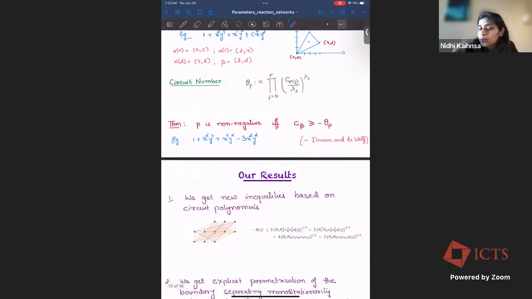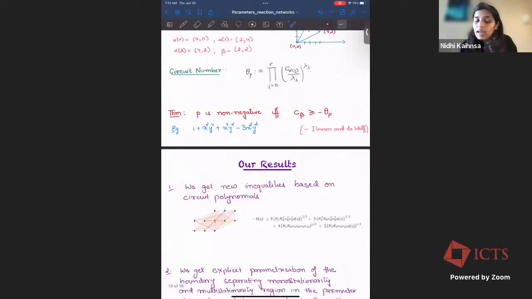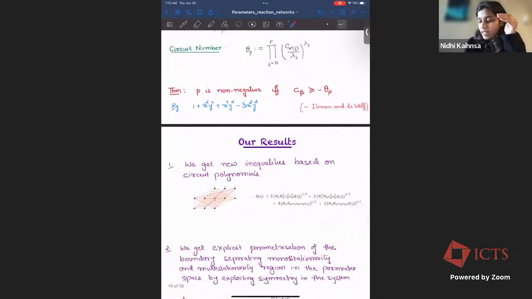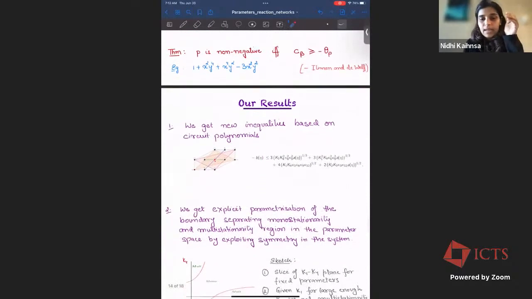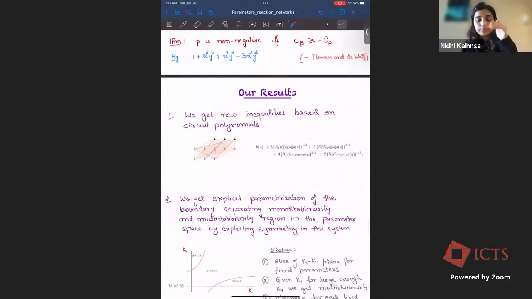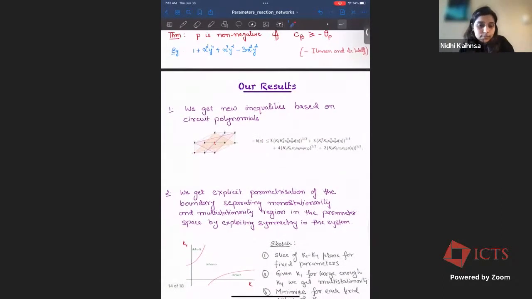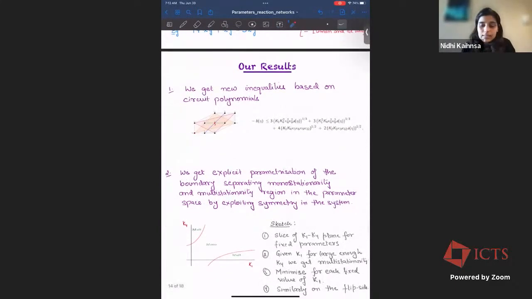But for this particular case, we do a little bit more. So I had 8 parameters. If I fix 6 of them, I get a slice of the K1, K4 plane, and I fix the rest of my parameters. This is just a cartoon of what the regions would look like.